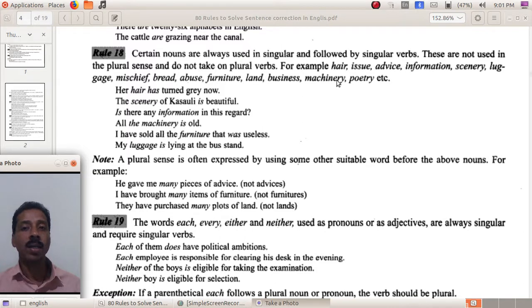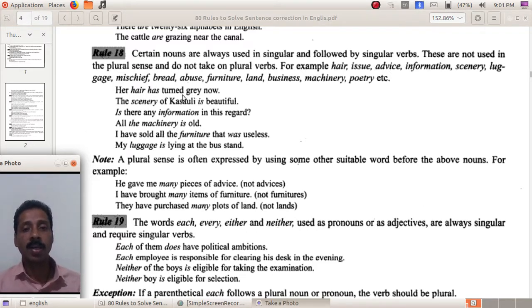They are always used as singular nouns. There is no plural form. There is no word like sceneries, advices, or machineries. So singular verbs are to be used.